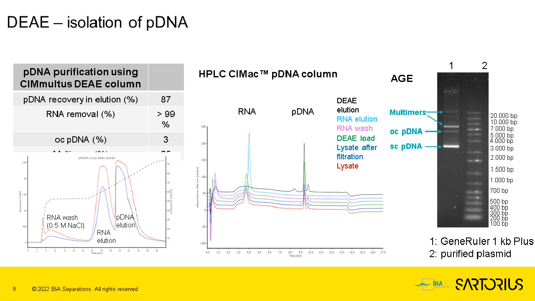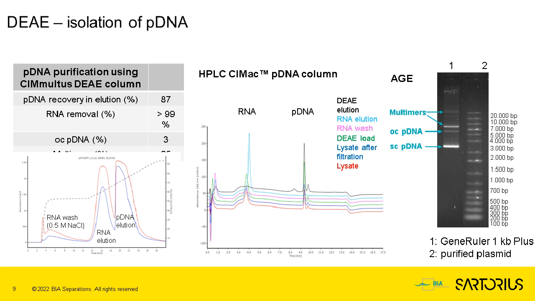In fact, all the way from lysis, filtration, DEAE, load, wash, and elution, till we removed, as you can see here on the left hand side, at approximately 4 minutes retention time, we removed the RNA in the RNA wash step, and upon elution, we obtained peaks that correspond to supercoiled plasmid, open coil plasmid here on the left, and a little bit of multimers that stem from the specific sequence of this plasmid.